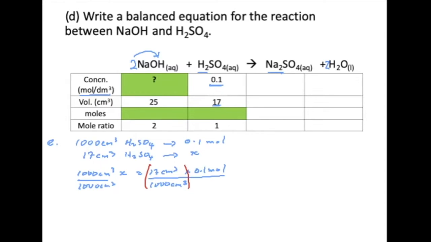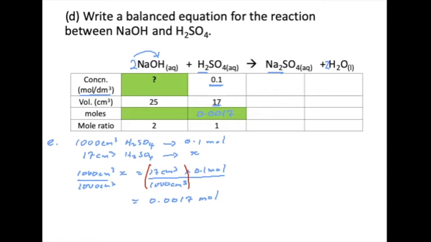So our answer should be 0.0017 moles. That's the number of moles of sulfuric acid that would have been used. So now that we've found that, we're going to write it in here, 0.0017 moles.